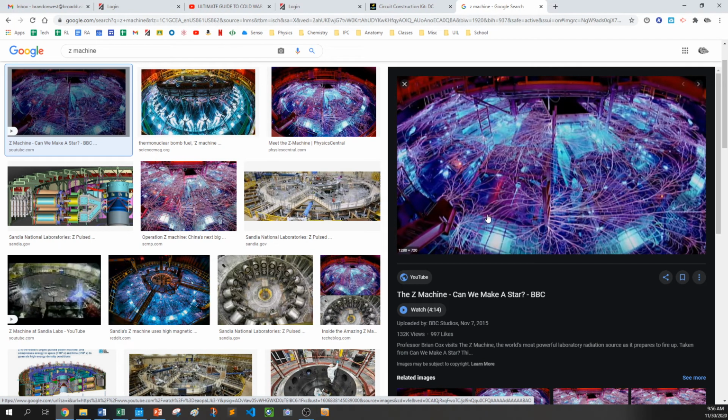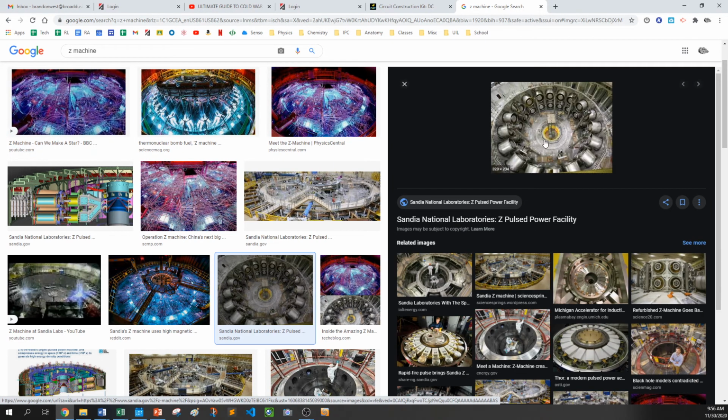This whole thing is to insulate it. They fill it up with water. Look at where the electricity is arcing through, though. The electricity is arcing through the air versus the water. This is because pure water is a very good insulator. And all of this electricity will be hit at a single point, and this is how they study things like black holes, supernovas, because they can generate a lot of heat and energy.